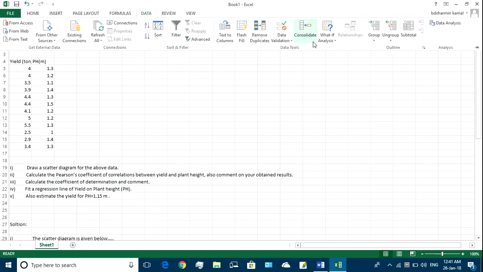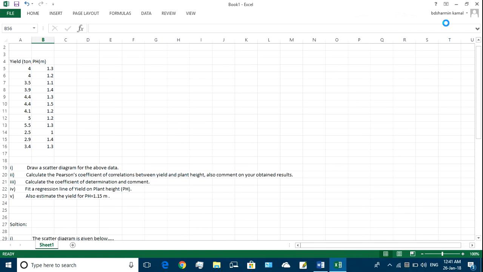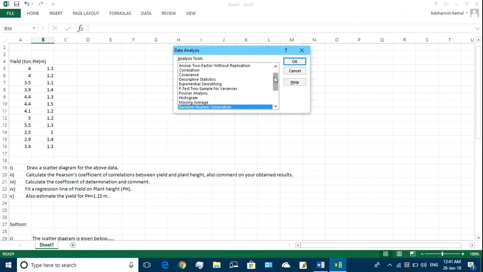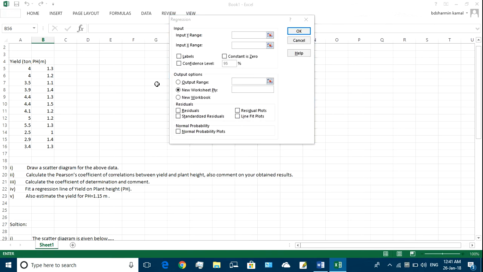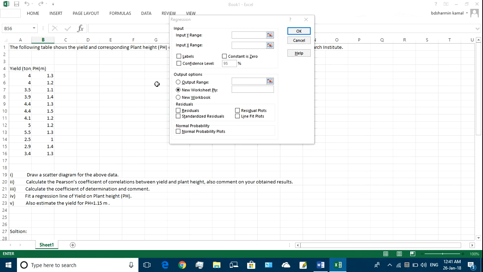Simply go to data, select data analysis, go below and select regression, click OK. Now we have to estimate the regression line of yield, that is yield is y.